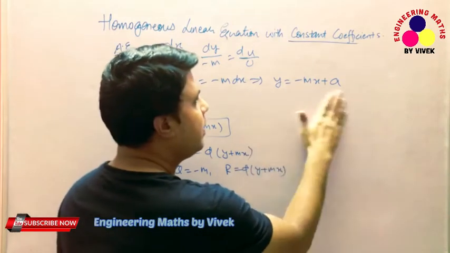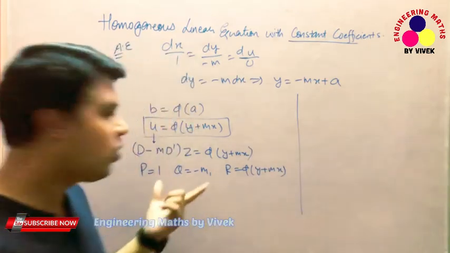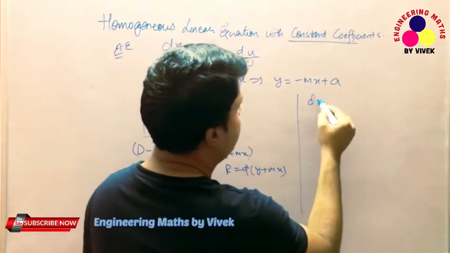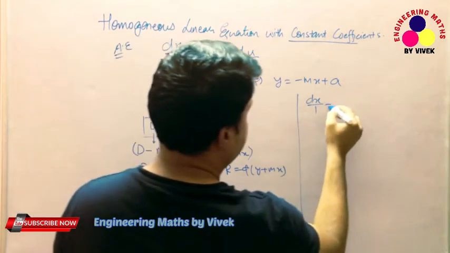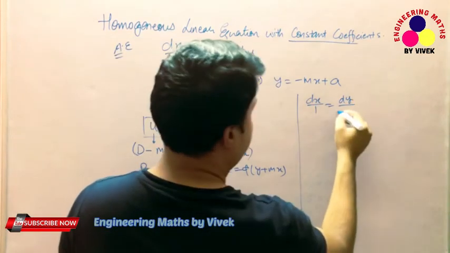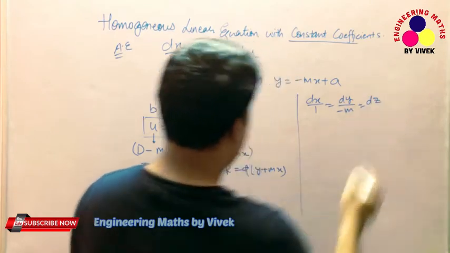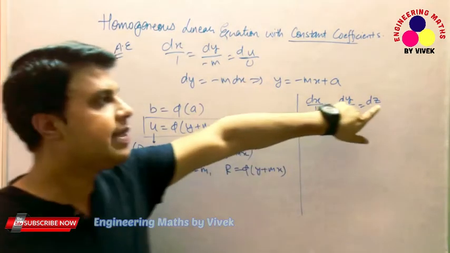Now, if we solve it further, now the variable is z, so we have to take z.